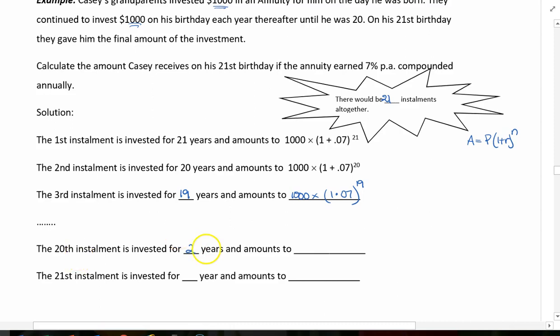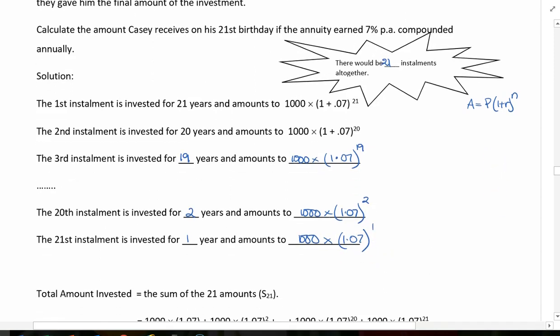It's just one less, and amounts to 1,000 times 1.07 to the 2, and the very last one is invested for 1 full year and amounts to 1,000 times 1.07 to the 1.